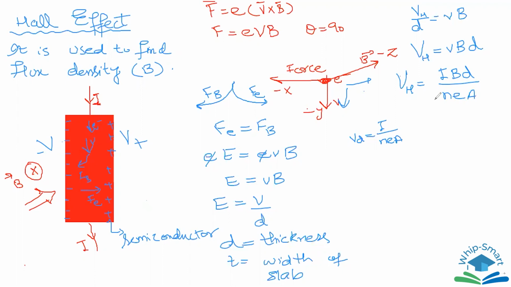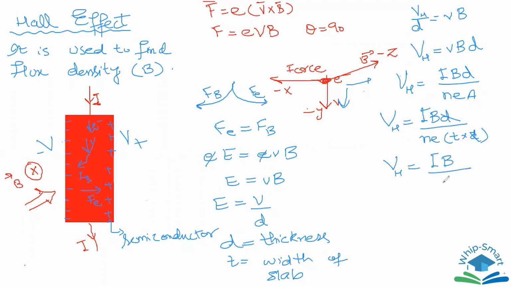As we know that area equals thickness into width, by replacing area with thickness into width, VH equals IBD divided by NE into thickness into width. So D will cancel out. Hall voltage will remain like this: IB divided by NET.